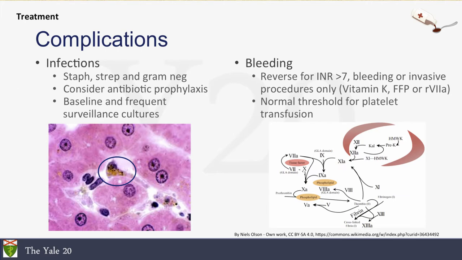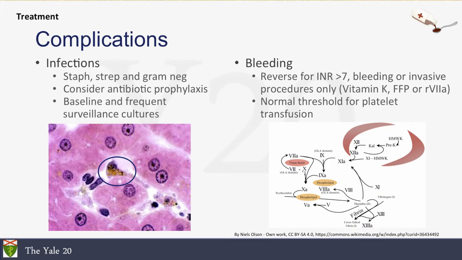In ALF, some degree of coagulopathy and low platelets, around 100, is expected. Coagulopathy is due to the decreased production of clotting factors, and thrombocytopenia is due to consumption. The recommendation is to correct the coagulopathy only in the setting of severe coagulopathy, for example with INR greater than 7, or for control of bleeding or in anticipation of invasive procedures.